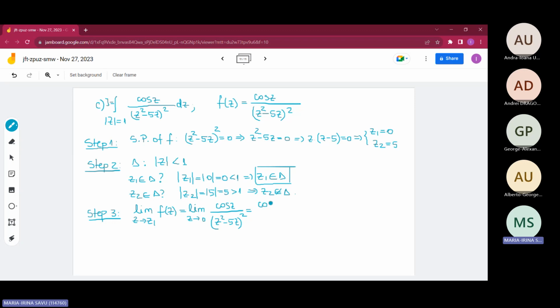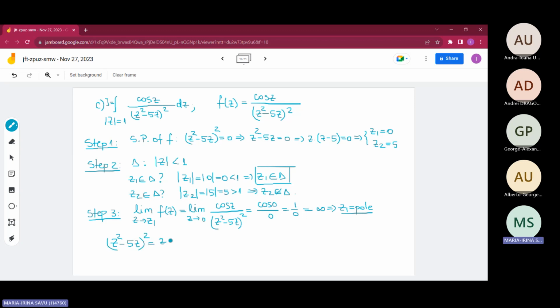And this is cosine of 0 over 0, so it is 1 over 0, which is infinity. And we have to write this expression as a product.